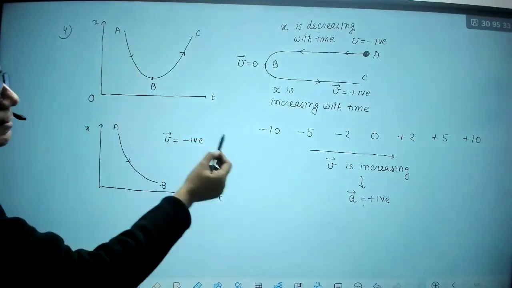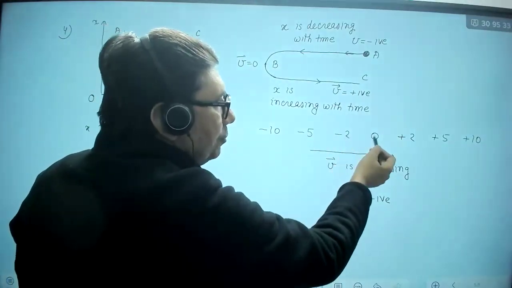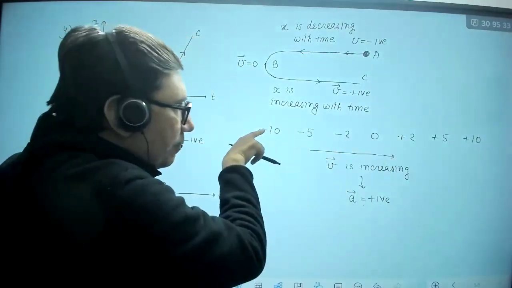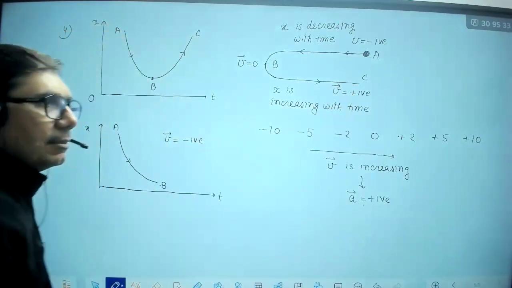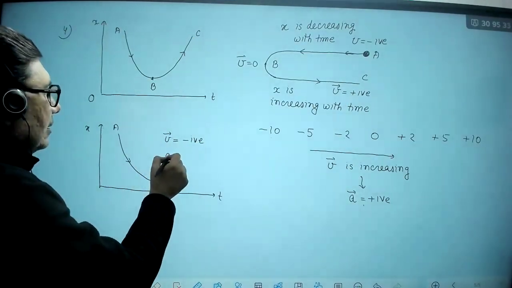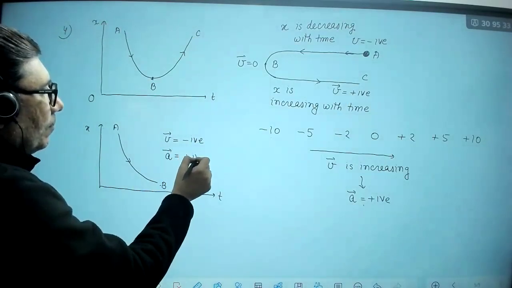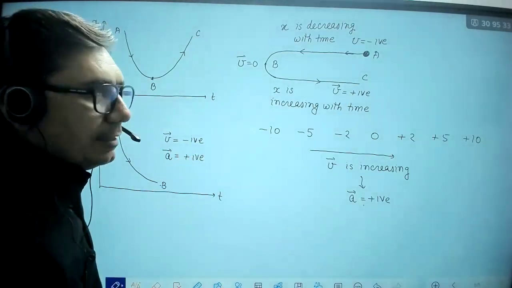Second, acceleration we have proved: minus 10, then it is increasing to minus 5, minus 2, 0. So that's why I can say velocity is increasing. So here acceleration is positive.